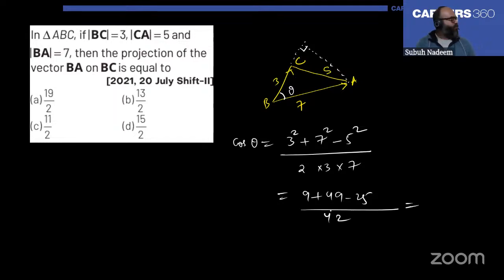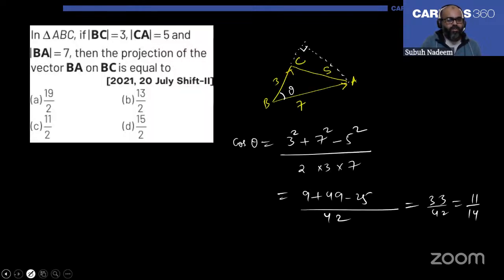So this will become 49 plus 9, 58, 58 minus 25. So it will be 33 by 42, which can be written as 11 by 14. This is cos theta.